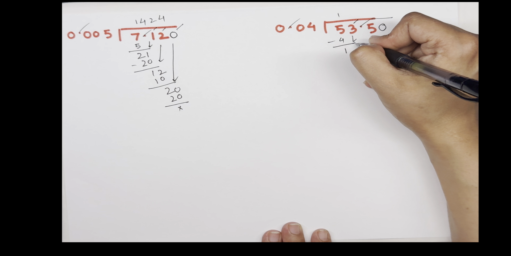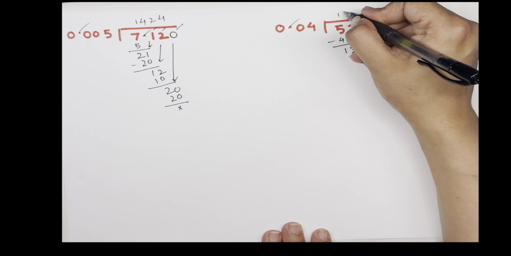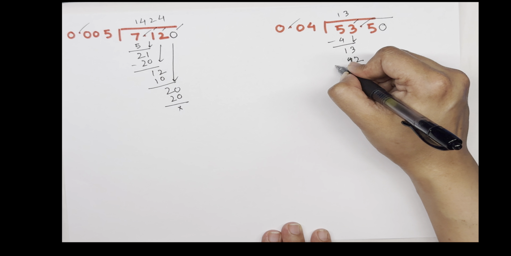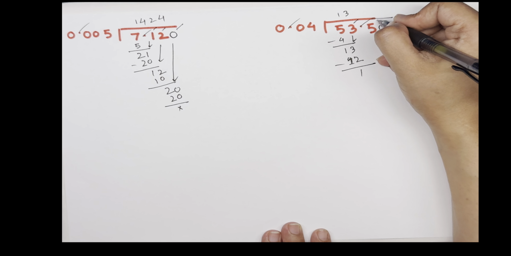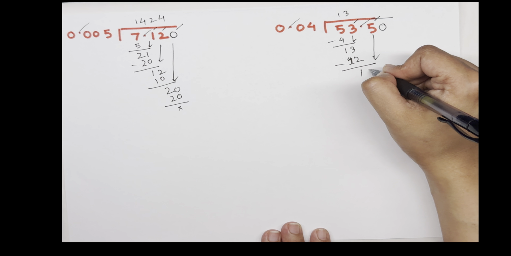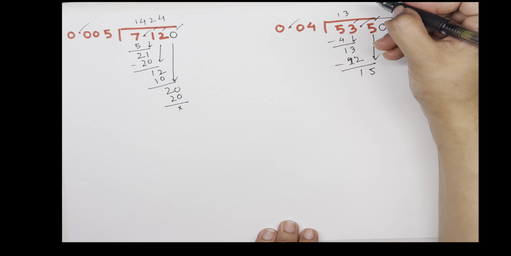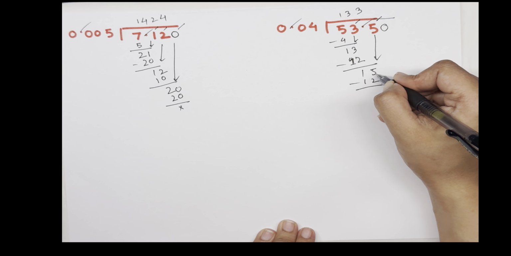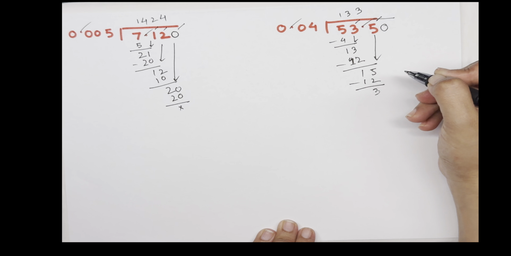I'm bringing down 3. 4 times 3 is 12. 13 minus 12 is 1. Next, bring down 5. 4 times 3 is 12. 15 minus 12 is 3.